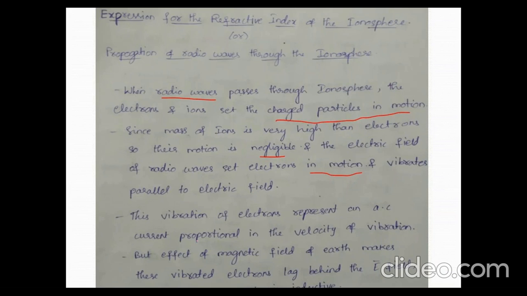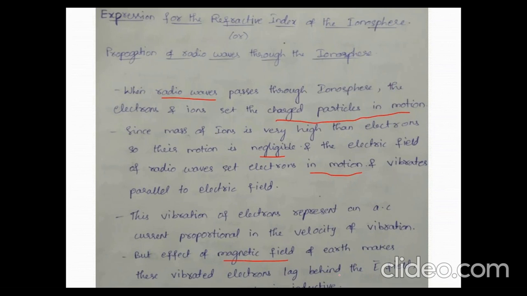But what about the effect of the magnetic field of Earth? The magnetic field of the Earth makes these vibrated electrons lag behind the electric field. Thus the electron current is inductive.